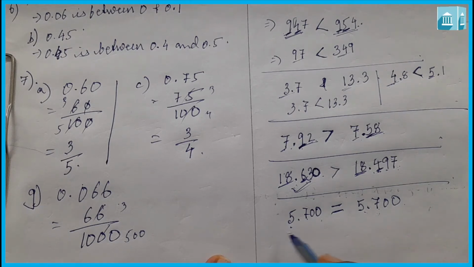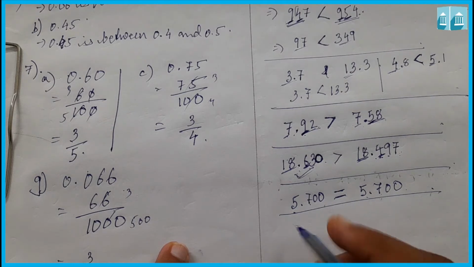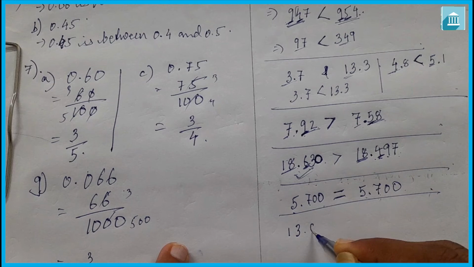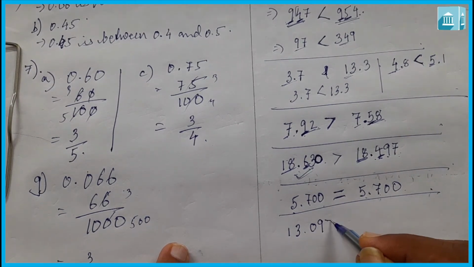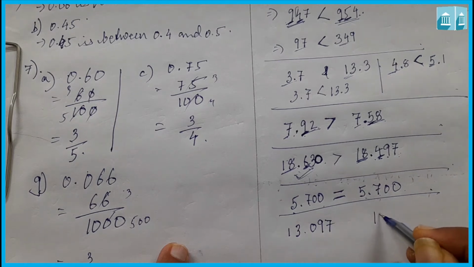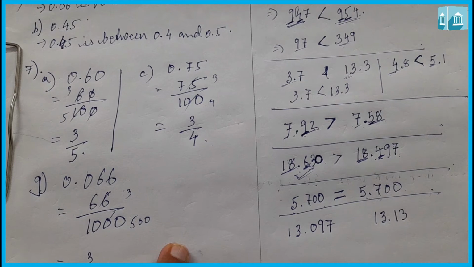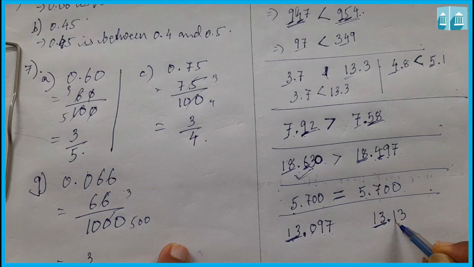Now again, let us say suppose 13.097 and here 13.13. Again we need to compare. Here it is 13, here it is 13. After the decimal point here 0, here 1.